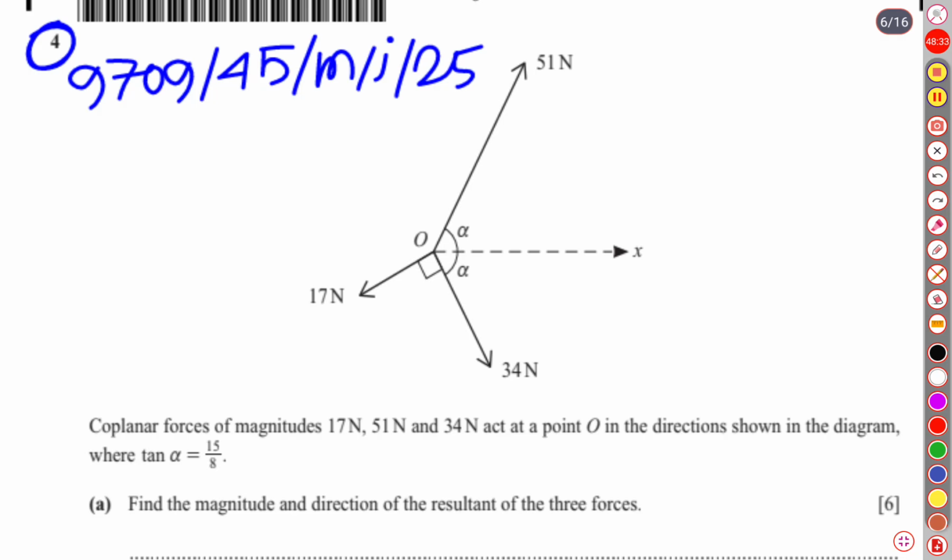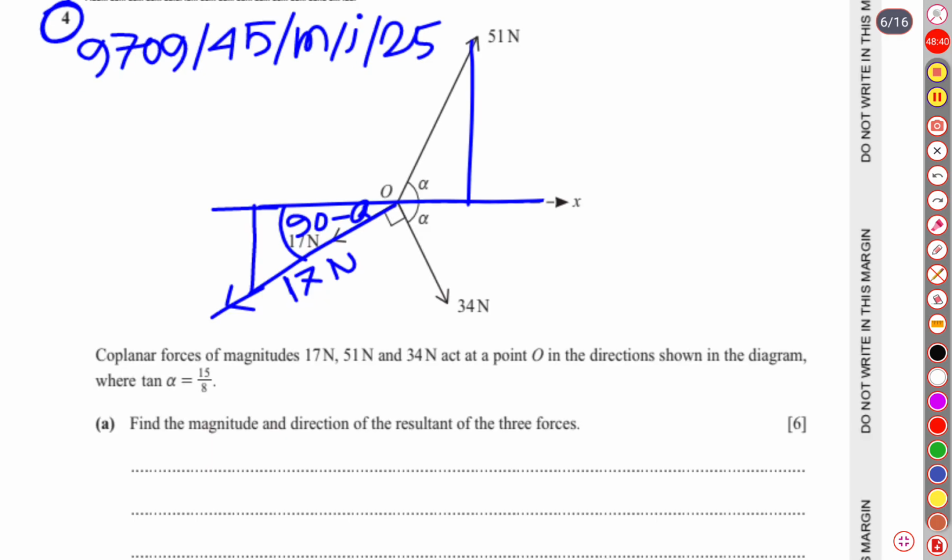So we'll have to find the resultant force. Before we start our solution, let us complete the diagram. Yes, this is the diagram of the system, and they have given tan alpha is 15 over 8. So tan alpha is 15 over 8 means this is the triangle where the vertical line is 15 and the horizontal line is 8 units.